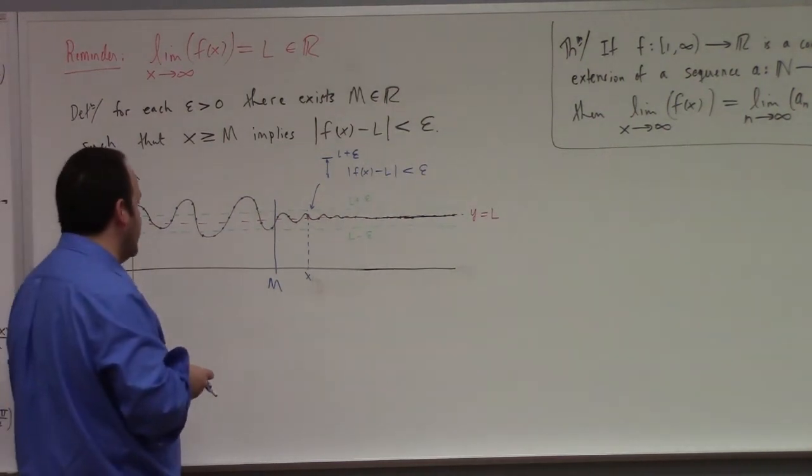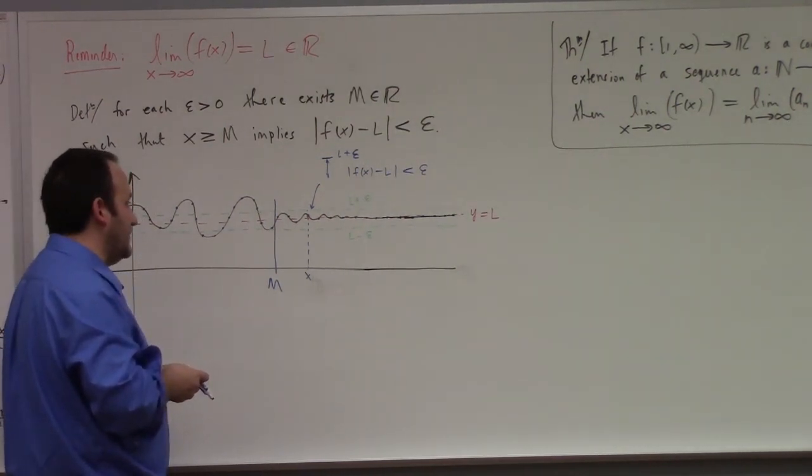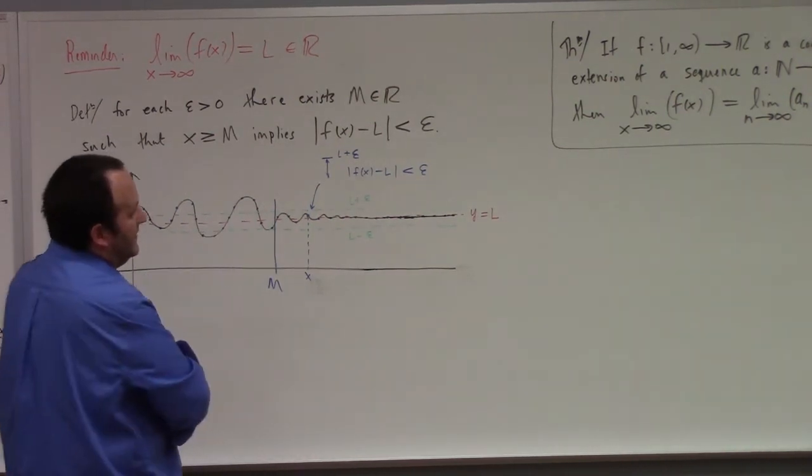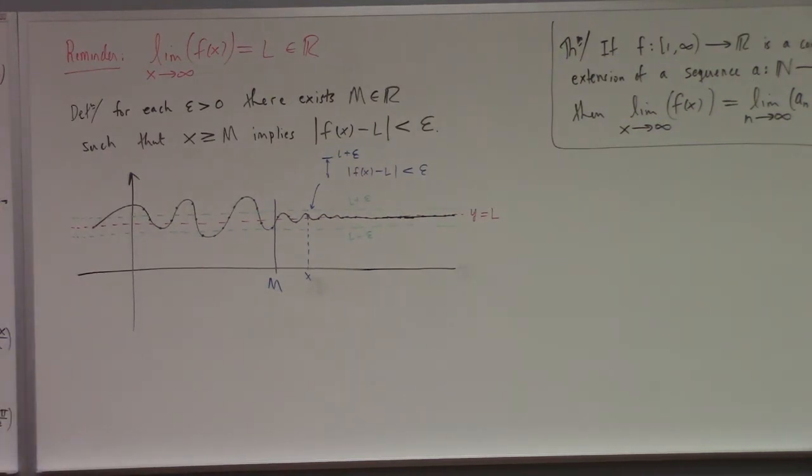If the function was always tracking with the sequence, then if the function has a limit which exists, certainly the sequence must also have the same limit. Also, if the continuous extension of the sequence blew up, if the function limited to infinity, it seems like the sequence would also limit to infinity. That's a reasonable conclusion here.